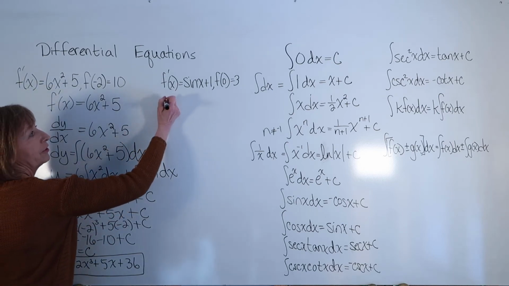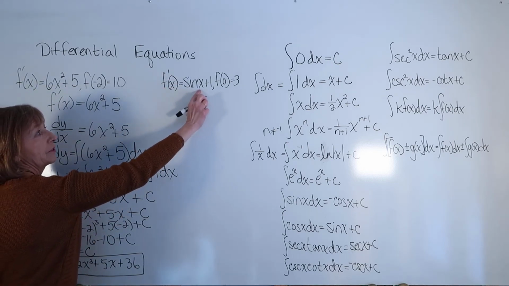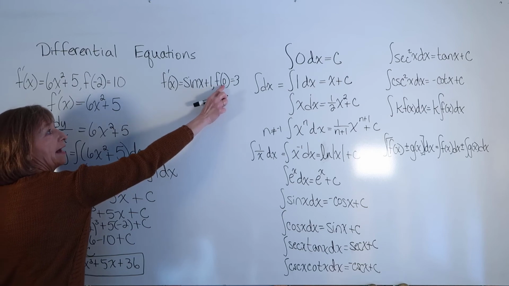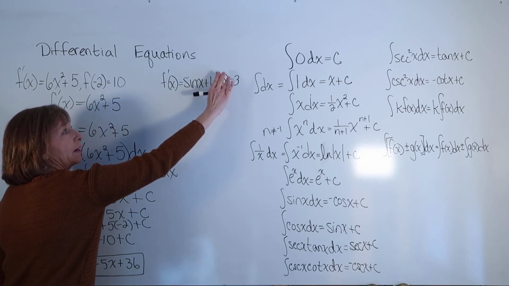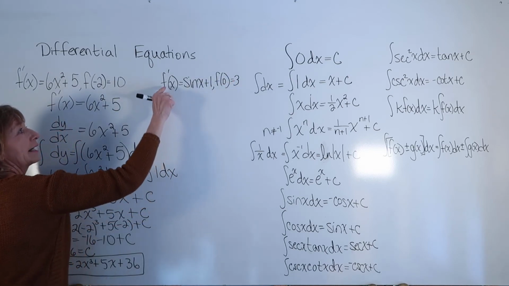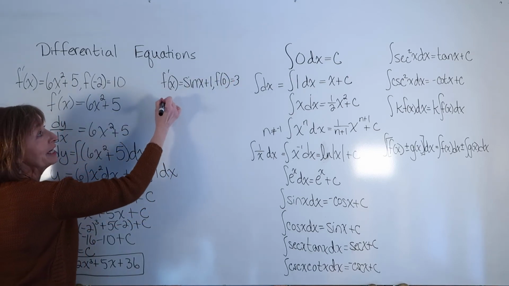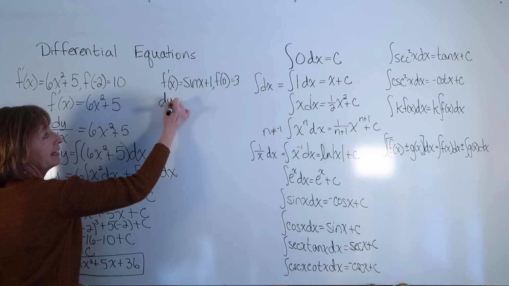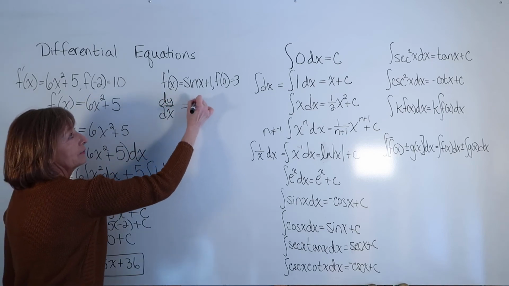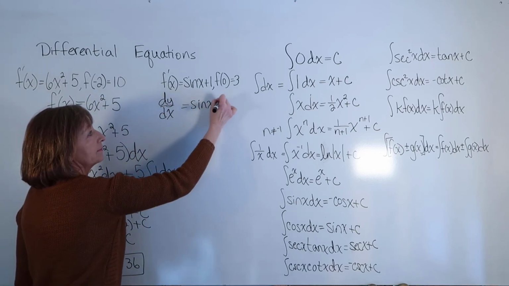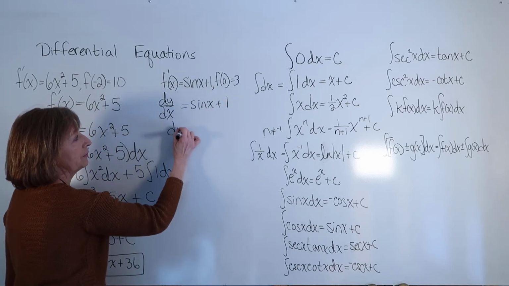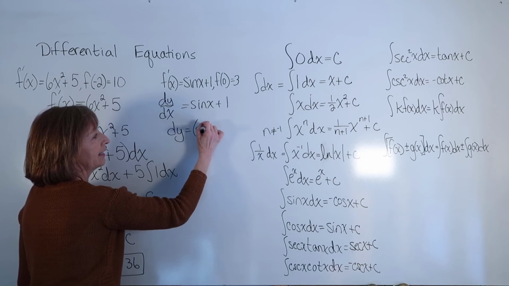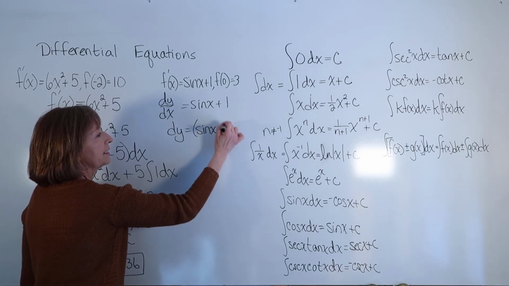Here I have my differential equation f prime of x is equal to sine x plus 1, and I have that if 0 goes in for the x's, the value that comes out for y is 3. Again, instead of f prime of x notation, we are going to write dy dx is equal to sine x plus 1. Write it into the differential notation, dy is equal to sine x plus 1 dx.